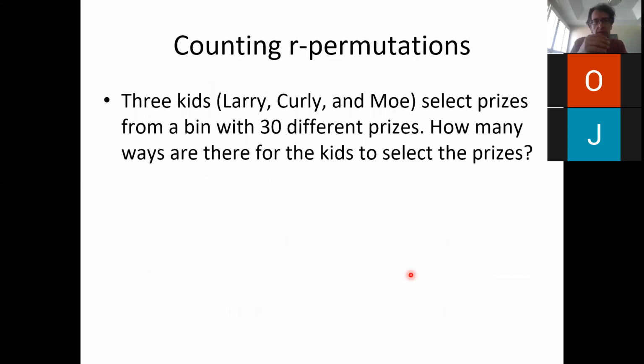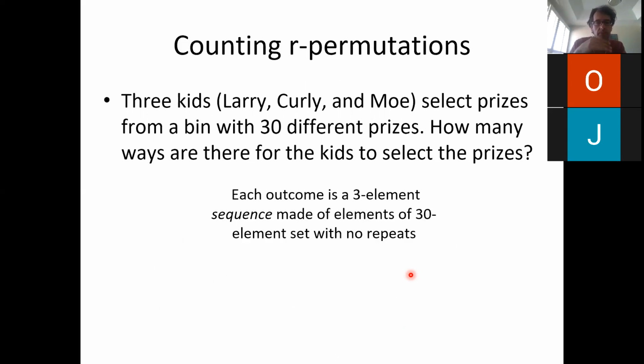Let's do another example. Say you have 3 kids and they select from a bin with 30 prizes. How many ways can they do so?